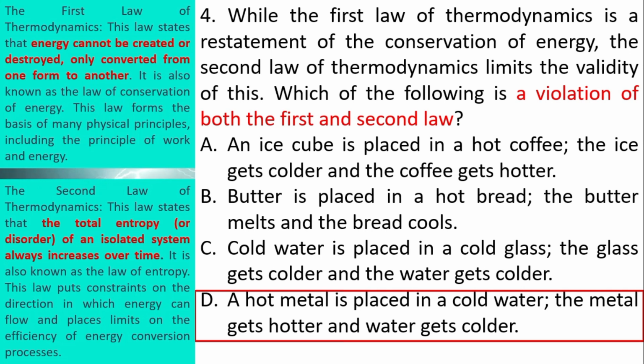But here, the metal gets hotter. Where did it get its extra energy to make it hotter? So it violates the first law, which states that energy should be neither created nor destroyed, only transformed. And the water gets colder here.